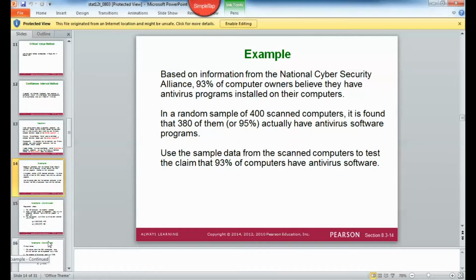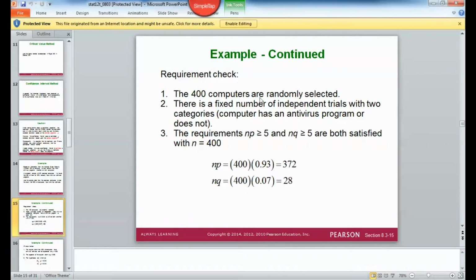So the first thing we need to do is go through and see what's been given, and make sure that it meets the requirements for this type of test. It said we had 400 computers. We need to know what p is equal to.